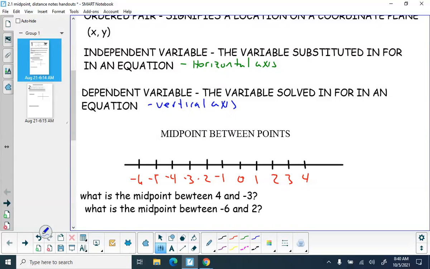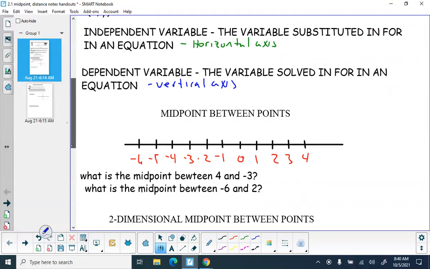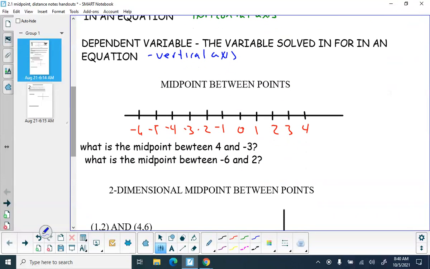What we're going to work on today is distance between 2 points and midpoint between 2 points. In a one-dimensional situation, which means just looking at horizontal or vertical, this is not a very difficult thing to do. If I take a look at the values at 4 and -3, when I'm looking at a midpoint, hopefully we understand what a midpoint is.